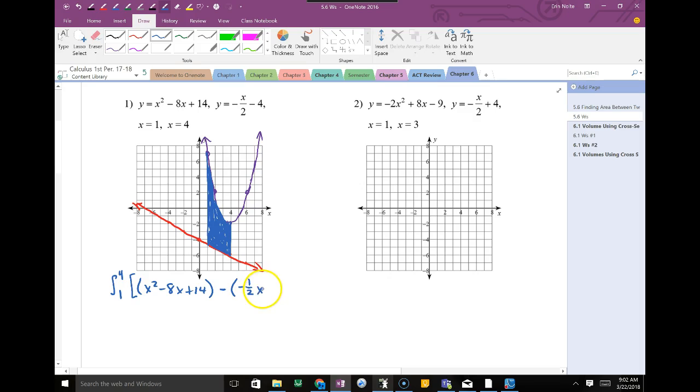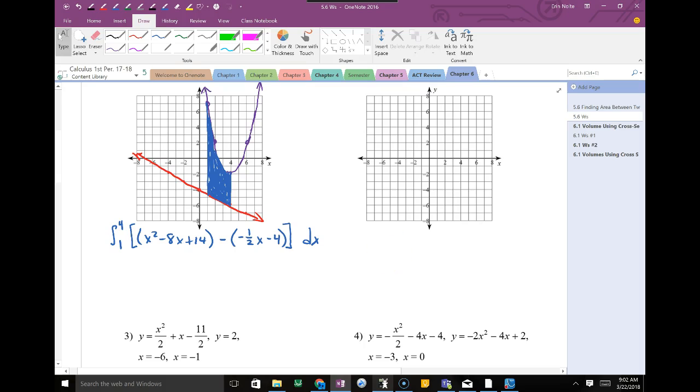Negative 1/2 x minus 4, right? dx. Did you write your notation correctly? Be very careful with parentheses. I like to write brackets instead of parentheses because I feel like brackets look different than parentheses, so therefore are less confusing. But that's just my opinion.